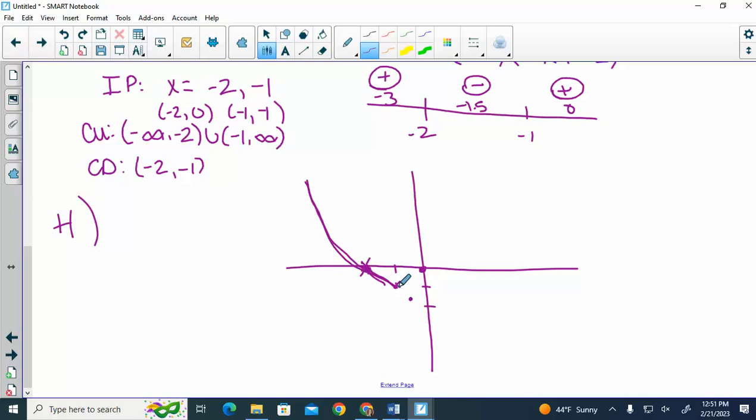Then we're back to being curved upward for the rest of the time, so we come down, hit our min, and we switch to increasing, and so it looks something like this. I apologize, I know my graph is a little rough. Alright. So those are definitely your high point value questions.